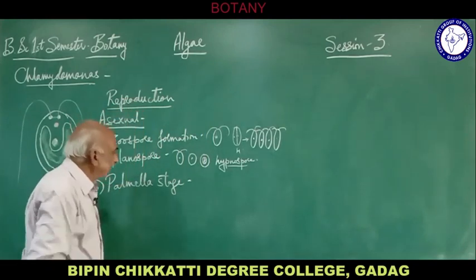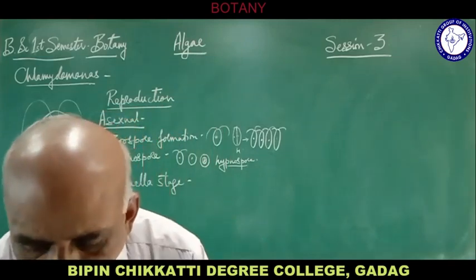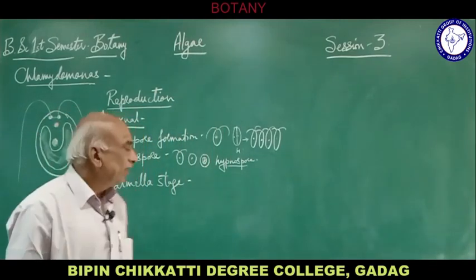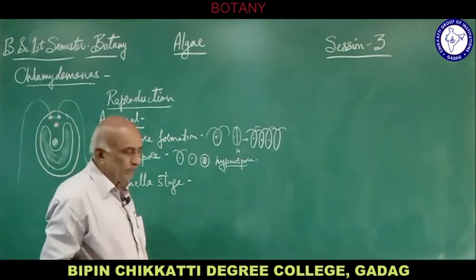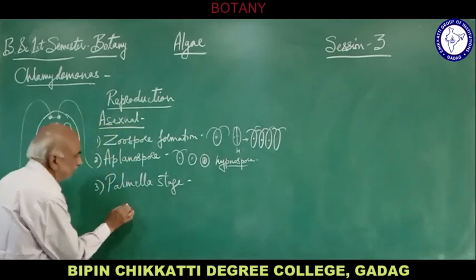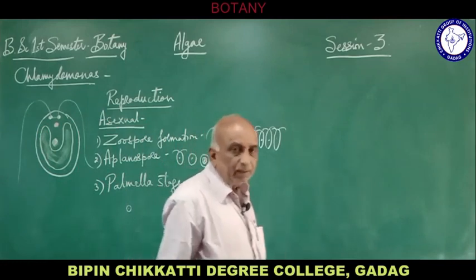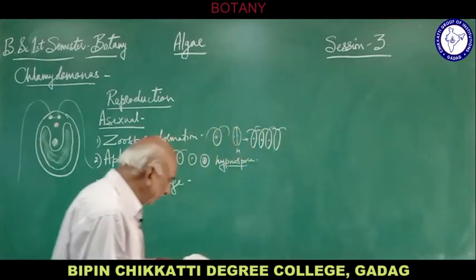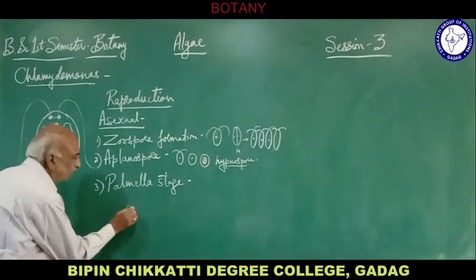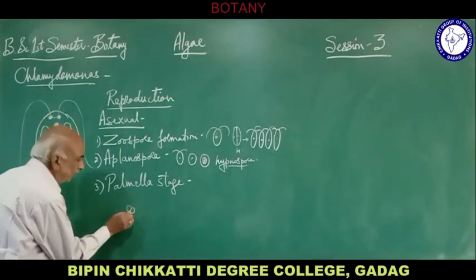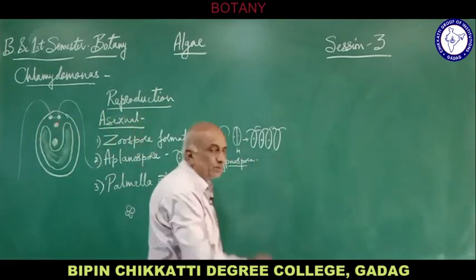Now the next is the Palmella stage. In the case of Palmella stage, here actually this is also a kind of asexual reproduction. Here actually the cell, suppose this is the Chlamydomonas cell. So this cell will divide by mitosis to form 4 or sometimes 8 cells like this, same as that of zoospores.